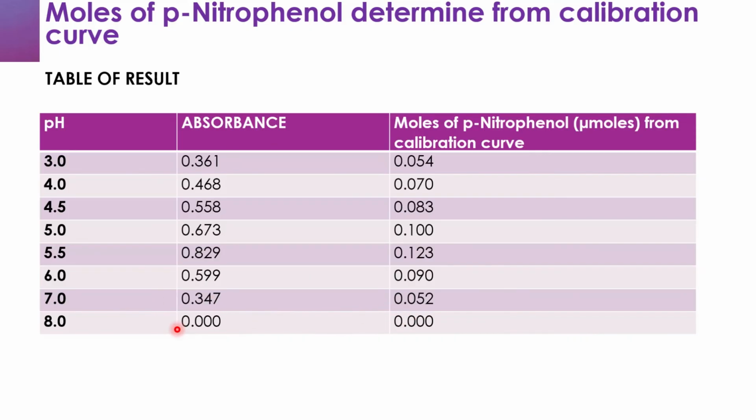Obviously, the moles of p-nitrophenol hydrolyzed at pH 8.0 will be 0 because we used it as our blank against the rest of the pH values.